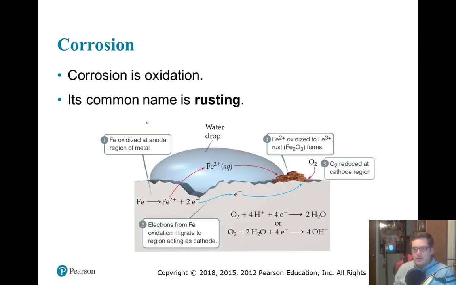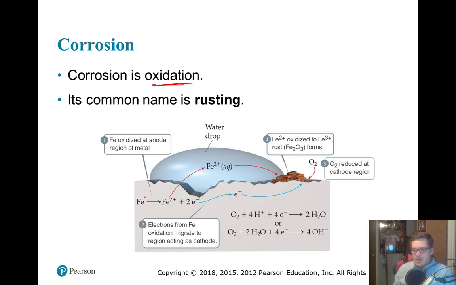Okay, corrosion. Corrosion is essentially just oxidation, right? Rusting. The way this happens is if you have a piece of iron, or steel that's made out of iron, and you get some water on it, this water sticks around and allows you to create electric current. It allows the electrons to flow across the iron, and across the water your cations can flow.